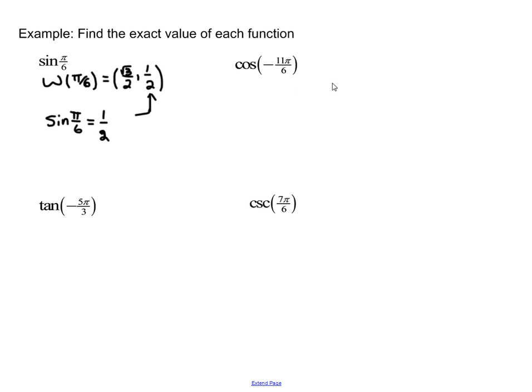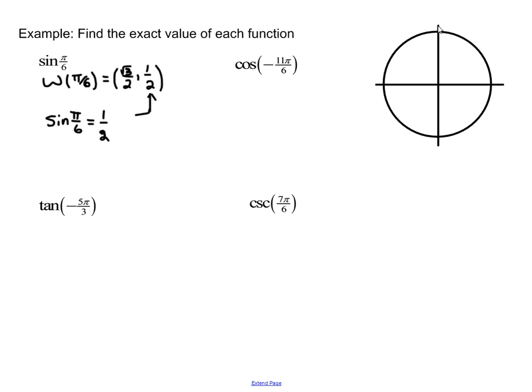Well, what does the negative mean in the first place? Let me get my x and y axis going right here. That means in standard position we've rotated in the clockwise direction, right? And we said negative 11 pi over 6.